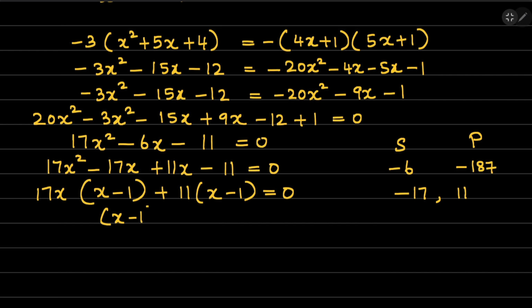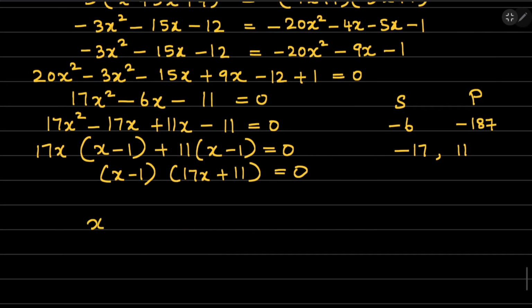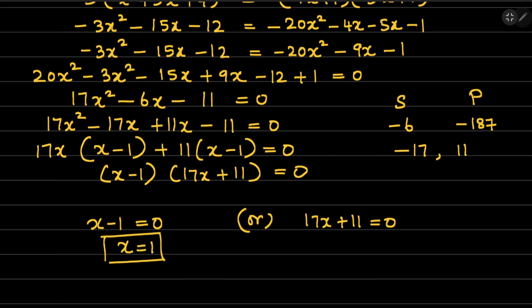So the two factors are, one is x minus 1 and the other one is 17x plus 11 equal to 0. So either x minus 1 is equal to 0 or 17x plus 11 equal to 0. So x is equal to 1. This is one of the solutions. The other one is x is equal to minus 11 by 17.